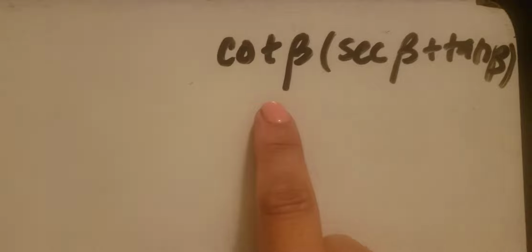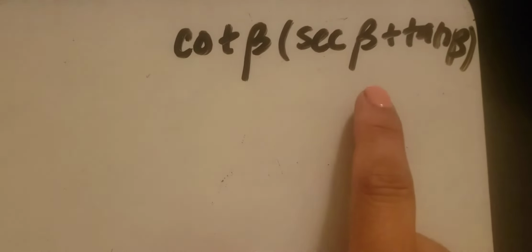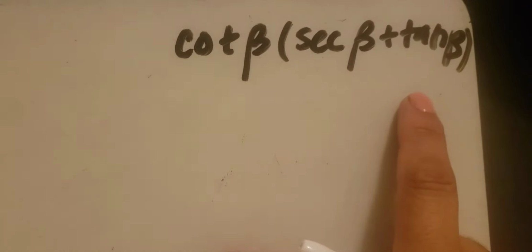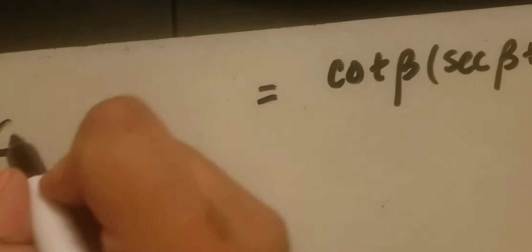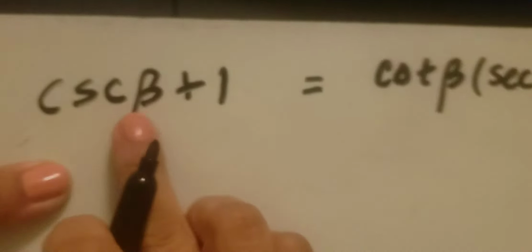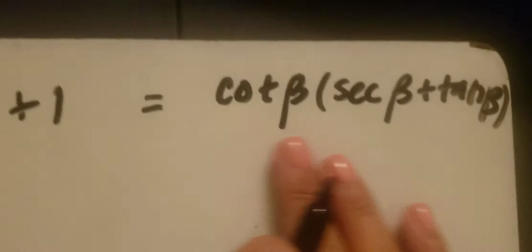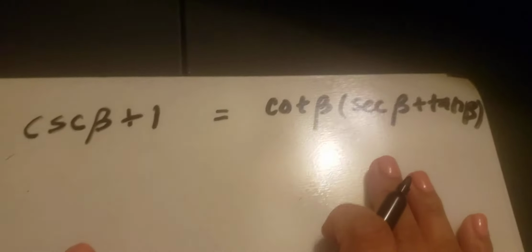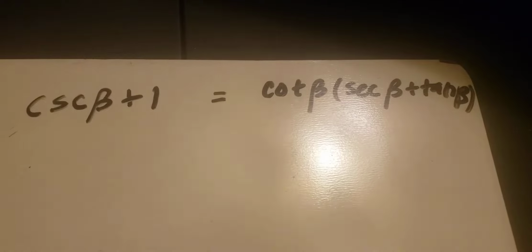So I should just have cotangent of beta times secant of beta plus tangent of beta, okay? And then remember, our goal is to make it be cosecant of beta plus 1, okay? Remember, that's your goal.